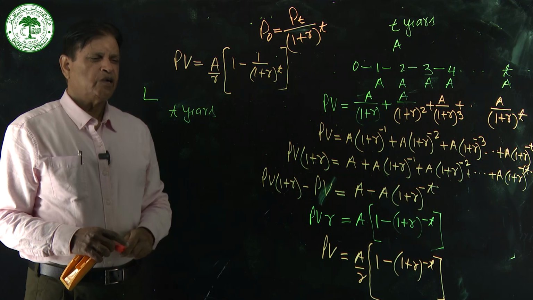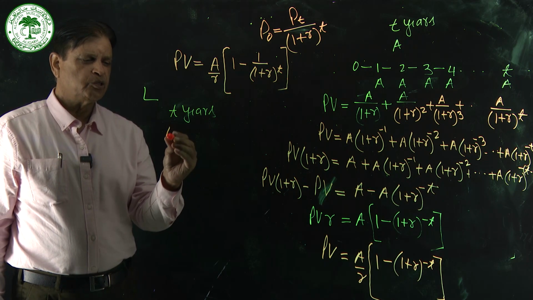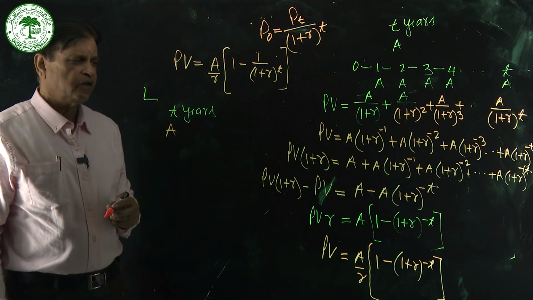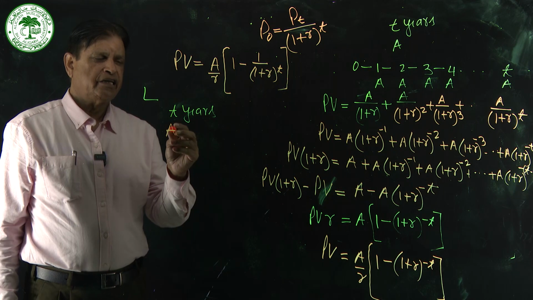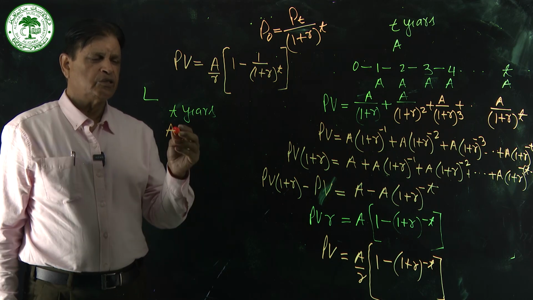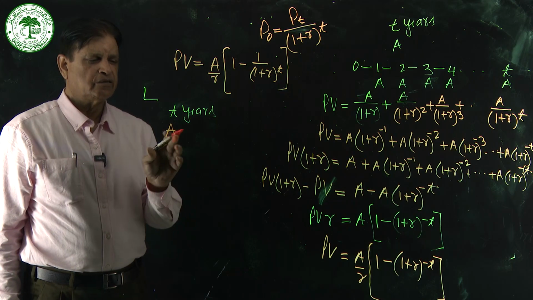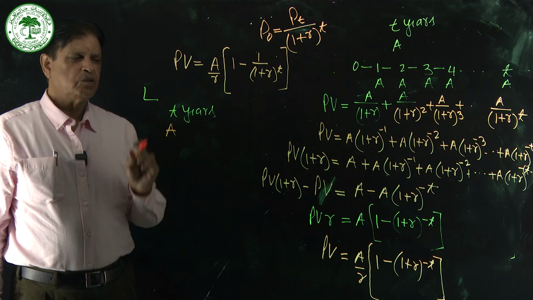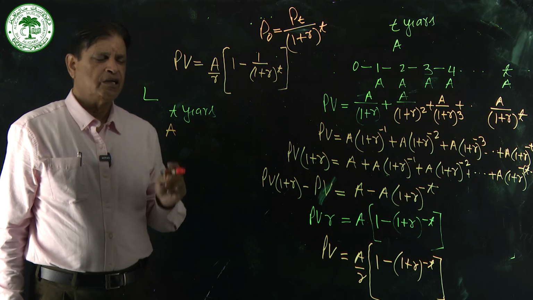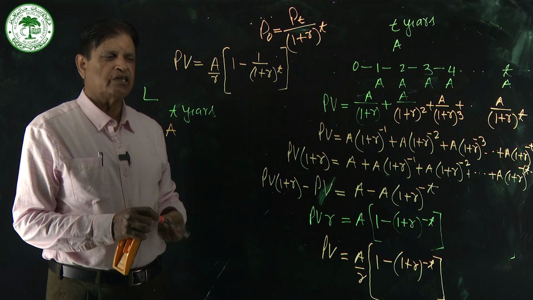And we want to know what is the annuity, how much amount A we should deposit every year, and how long this deposit should be carried out so that the loan amount becomes the same as the total value of this annuity.